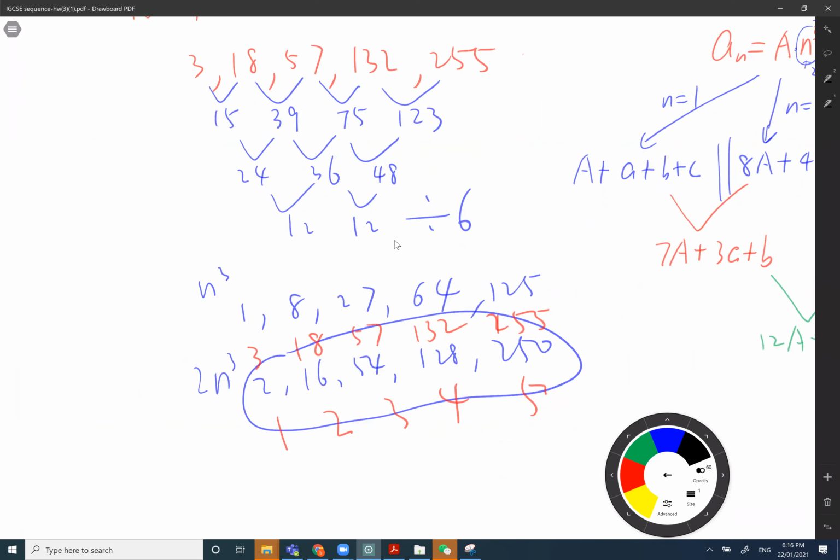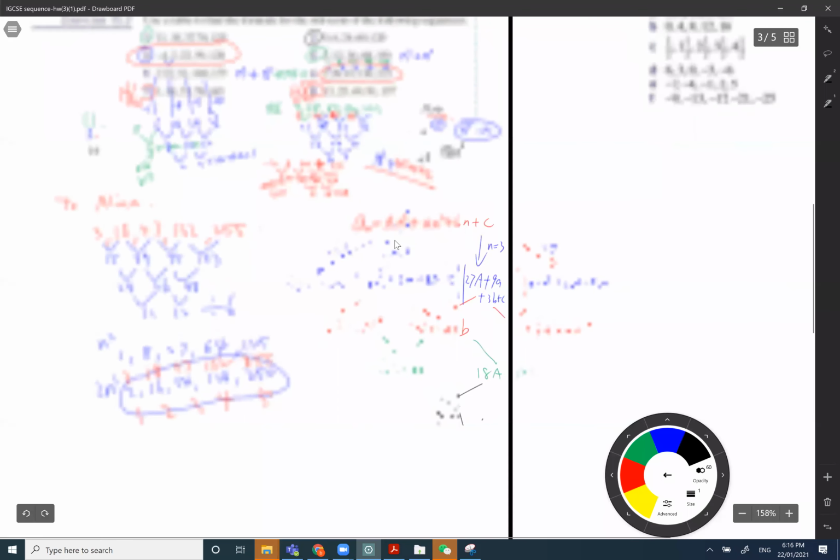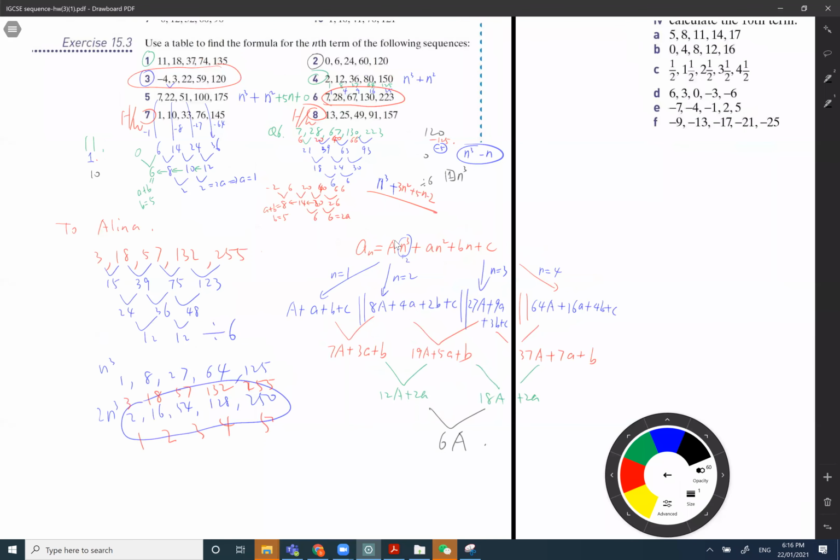Yeah. 2n cubed is 2, 16, 54, right? Yeah. Original sequence 3, 18, 57. You minus that, and you find 1, 2, 3. Okay. This one 6.